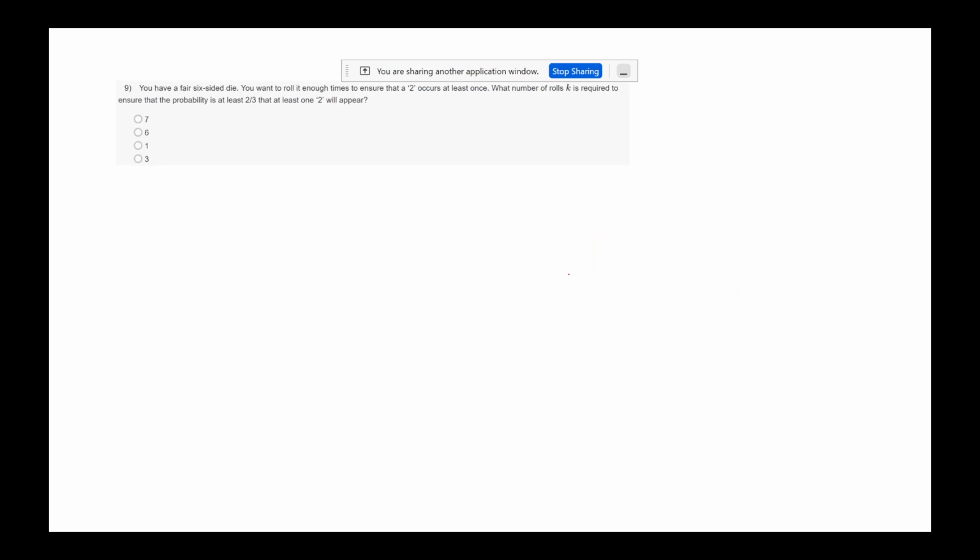Okay, problem 9 says, you have a fair six-sided die, meaning all the faces have the same probability: probability of getting 1, probability of getting 2, 3, 4, 5, 6 will be 1/6.